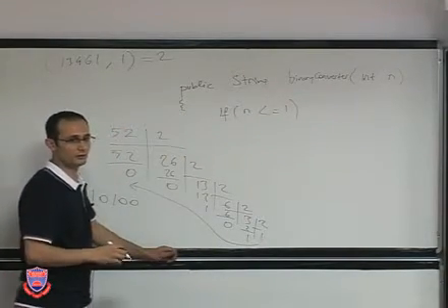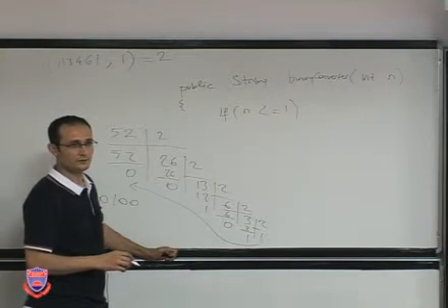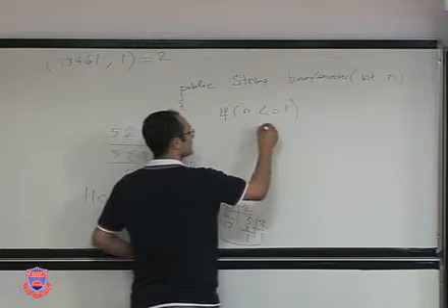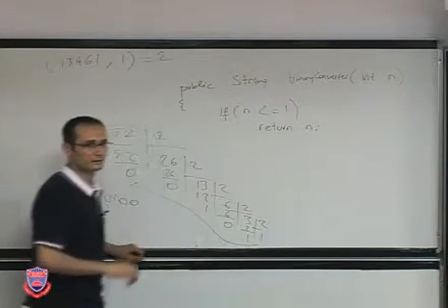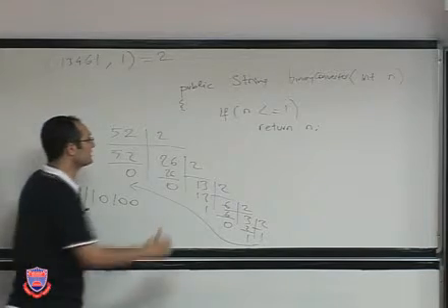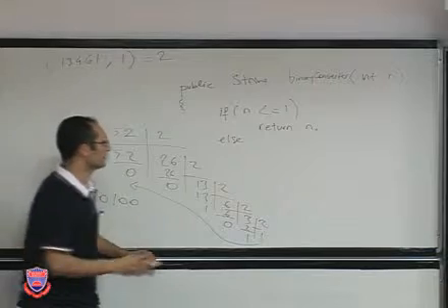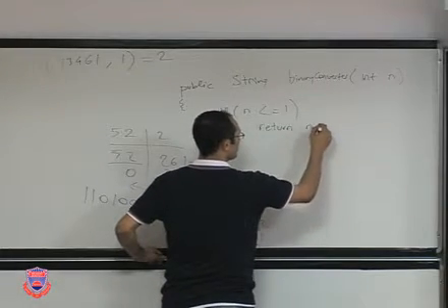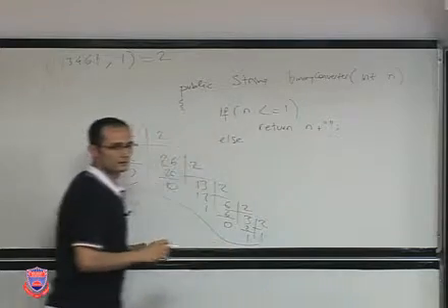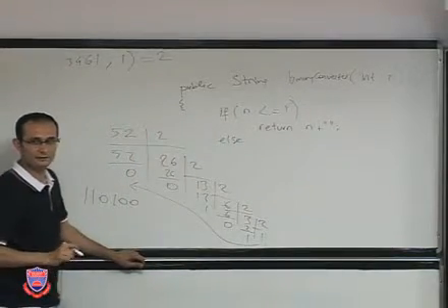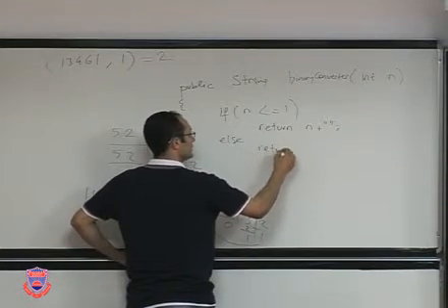What are we going to return? Return n. And else, what am I going to return? Obviously this is not going to be just n, since it's a string, right? Not an integer. Else, what am I going to return? Return.